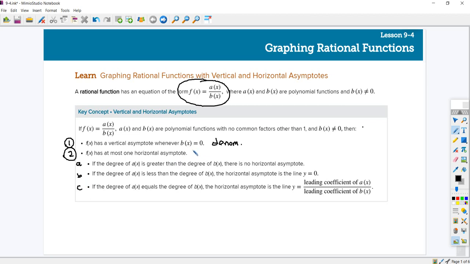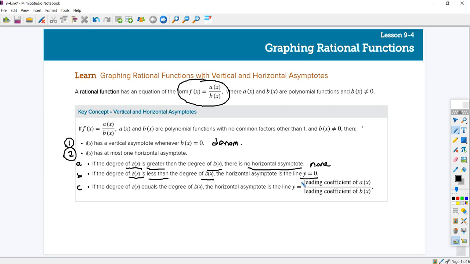For the horizontal asymptote, you are going to compare the numerator with the denominator. First, if the degree of the numerator is greater than the degree of the denominator, then the horizontal asymptote will not appear. We will have none. Second, if the degree of the numerator is less than the degree of the denominator, then y is equal to 0 will be our horizontal asymptote.